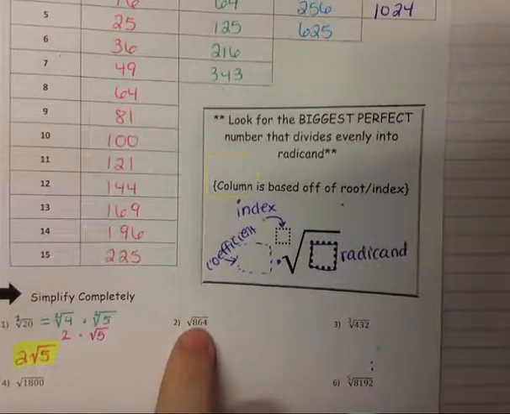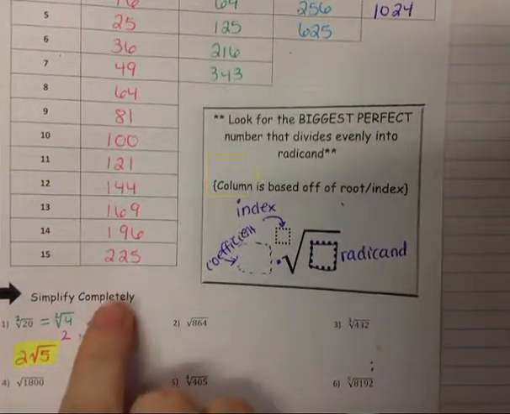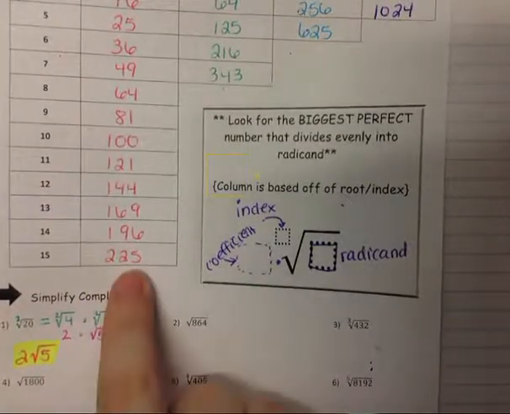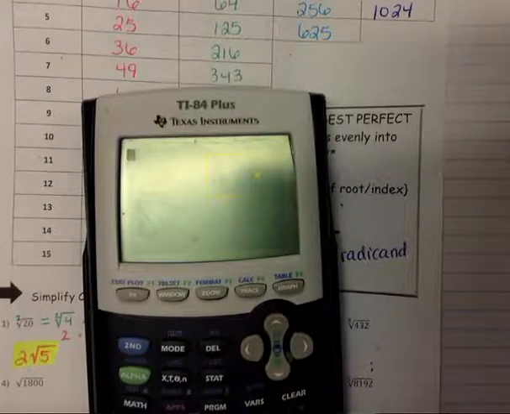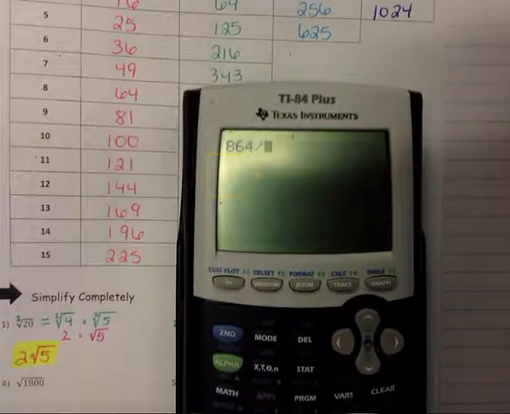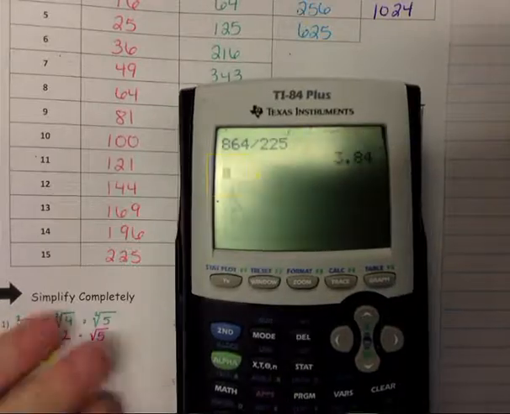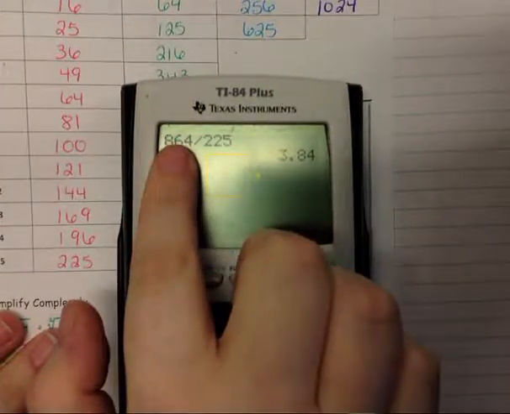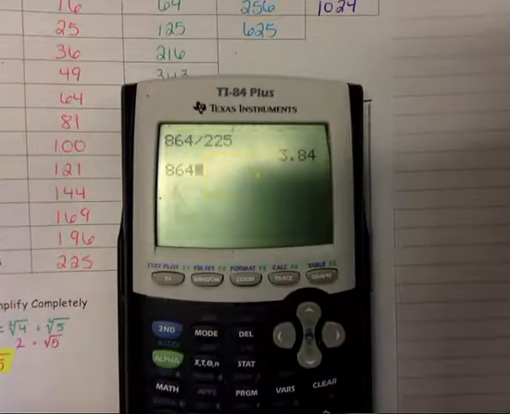So we take the 864 and we divide it by the biggest number possible. 225 is smaller than 864, so we can try and divide that. So we take 864 and we divide it by the 225. That gives us a decimal. That is not good. So we keep going. 864, again, I do not clear it because I want to make sure I use the same number, and then I know which number to go to next because it's on the list.